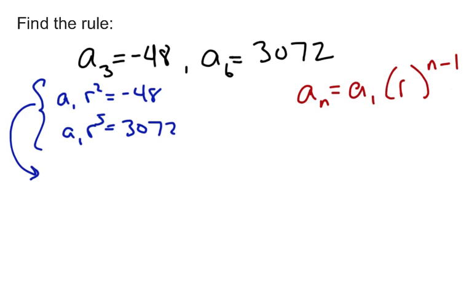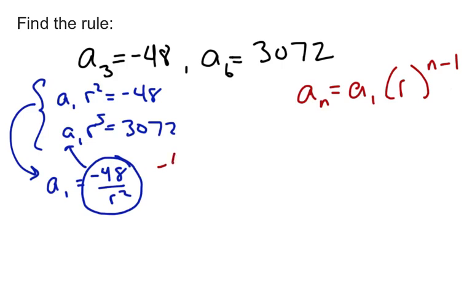So I'm just going to take this first equation and solve it for a1. That means I have to take that negative 48 and divide it by r squared. Now I can take this expression and plug it in the other equation for a1. That would give me negative 48 over r squared times r to the 5th equals 3072.